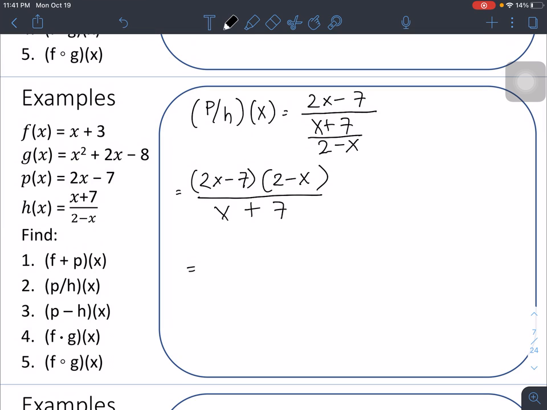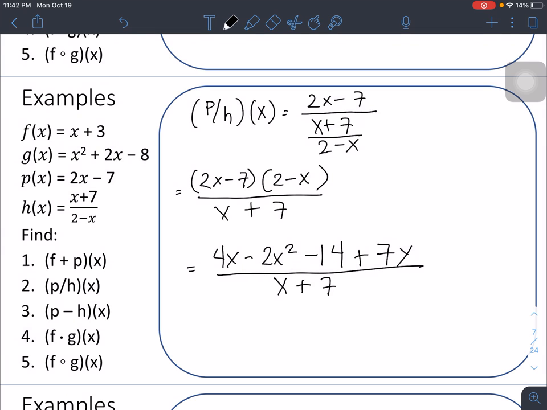Using the FOIL method, I will try to expand this one. So this will be 4x minus 2x squared minus 14 plus 7x all over x plus 7.